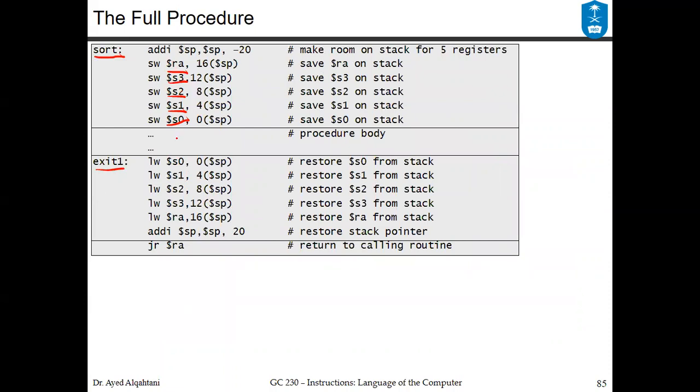Since we have 5 variables, we need 5 times 4, which is equal to 20. So we add immediate to the stack pointer minus 20, meaning that we are dropping the stack pointer to make space for 5 variables, and then we save every one of them. Notice now the offset. Since you are using 20, the first one would be at 16, followed by 12, followed by 8, followed by 4, and then you end up with 0.